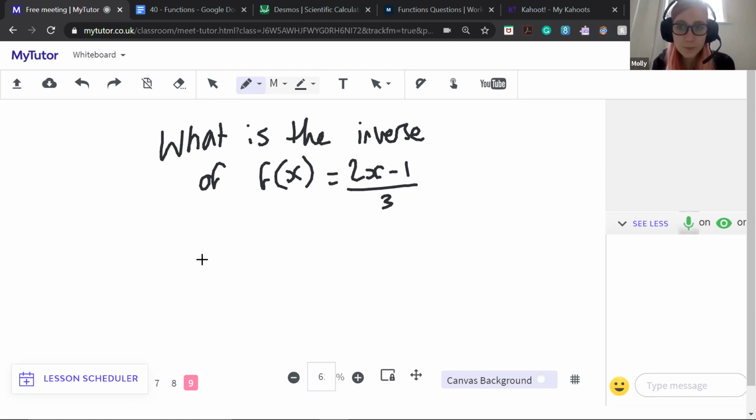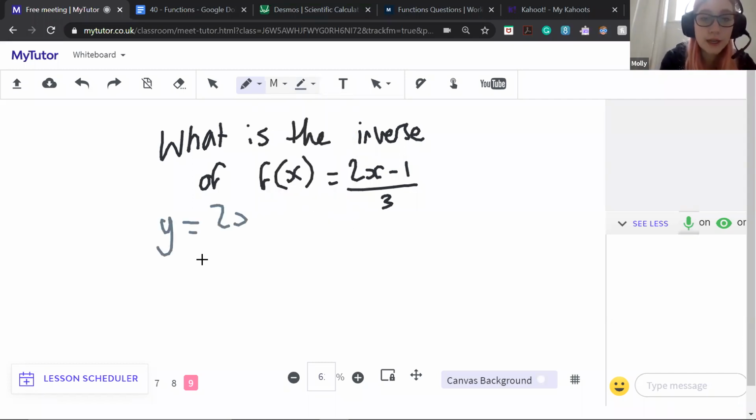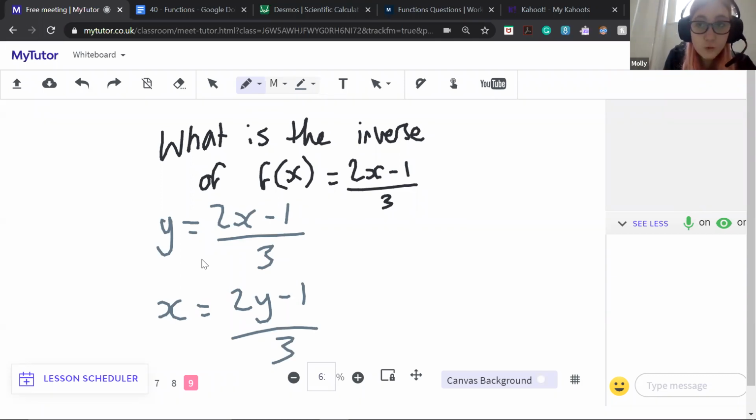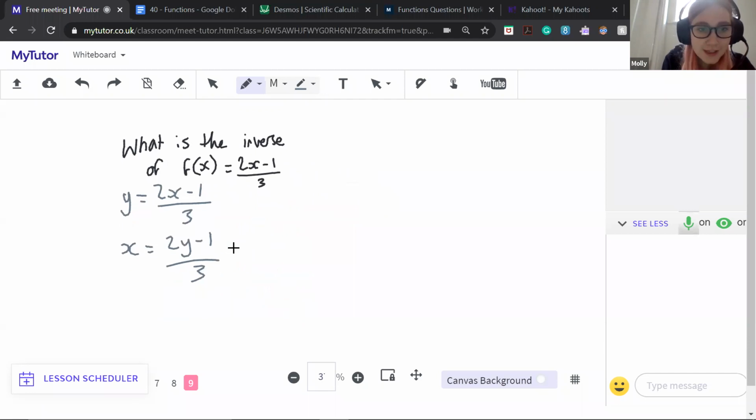So what we do is to start with, let's call this y equals 2x minus 1 over 3. Now reflect it in the line y equals x. Swap the y and the x. So x equals 2y minus 1 over 3. Now rearrange this so that we get y again on the left-hand side. So you see we're inversing everything here.